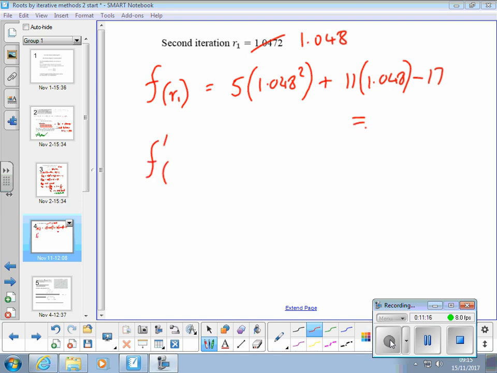And f dash at the new R1 is equal to 10 times 1.048 plus 11.